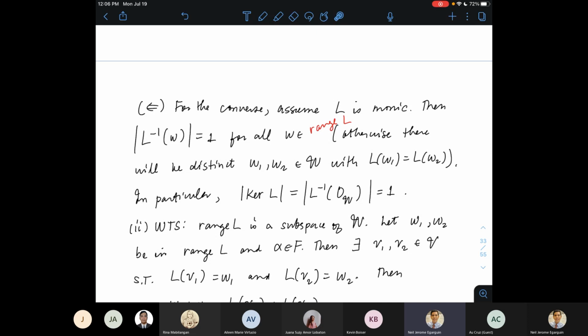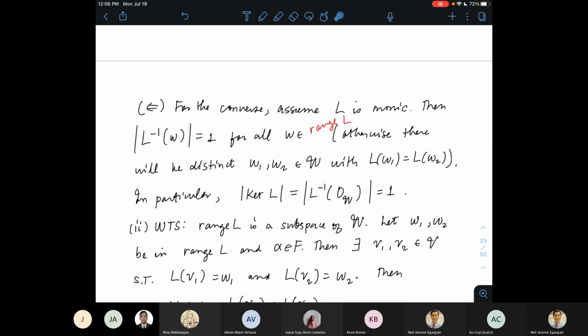Because an element of the range cannot be mapped to more than one element of the domain if L is monic. Right? So dahil si L ay monic, ang inverse image ng isang element ng range ay laging isa lang. Right? So because if there would be two elements of the domain mapped to the element W of the range, then hindi na siya magiging monic. So necessarily the inverse image of any element of the range is equal to 1.